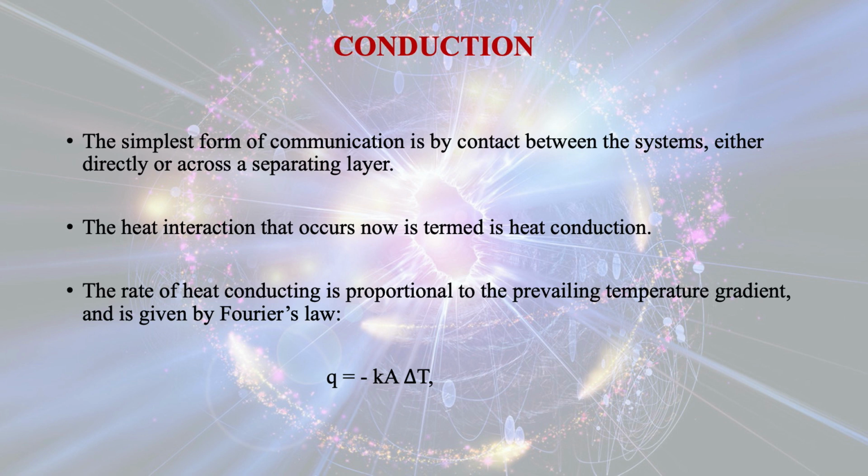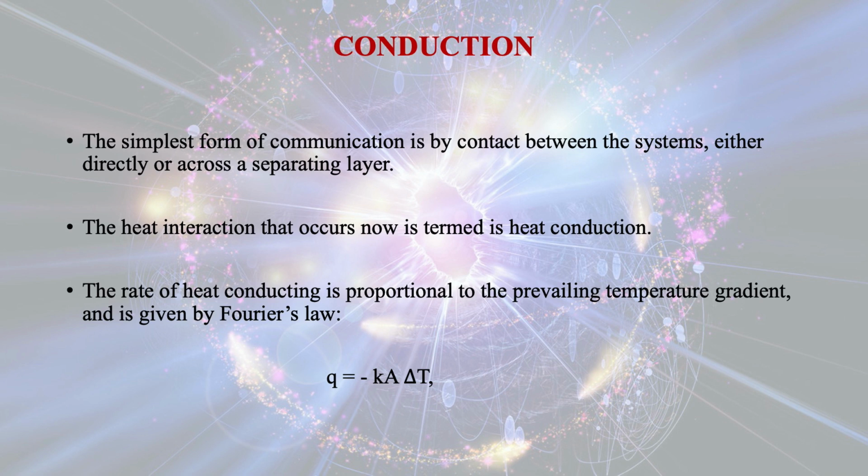Fourier's law can be expressed as q = -kA dT. Here q is the rate of heat transfer, k is the thermal conductivity, A is the area through which the heat is being transferred, and dT is the temperature difference. Now why is the minus sign introduced?